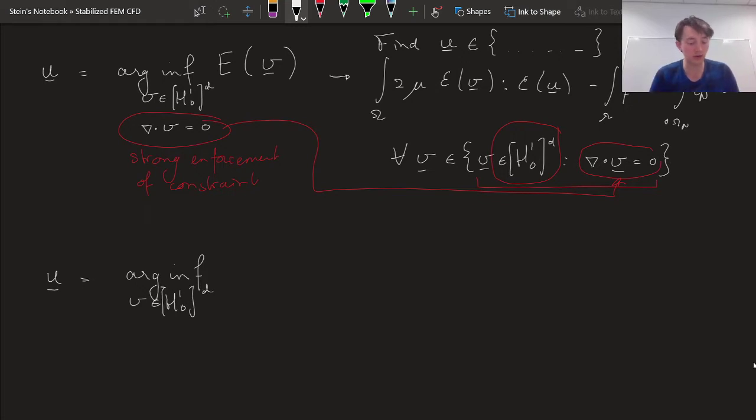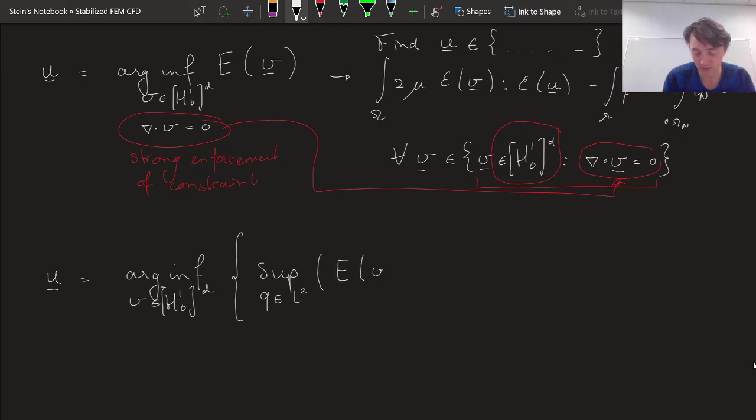So I'm not going to add this additional constraint. So this is a function space that we're familiar with and we can discretize. But now I'm going to do something else. I'm going to say it's going to be the minimizer of something that maximizes our energy, but now with an additional term, namely Q times the divergence of V.